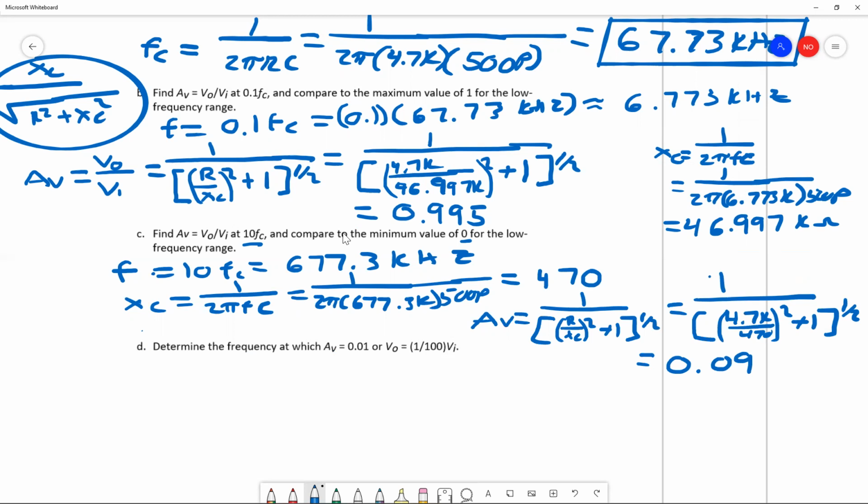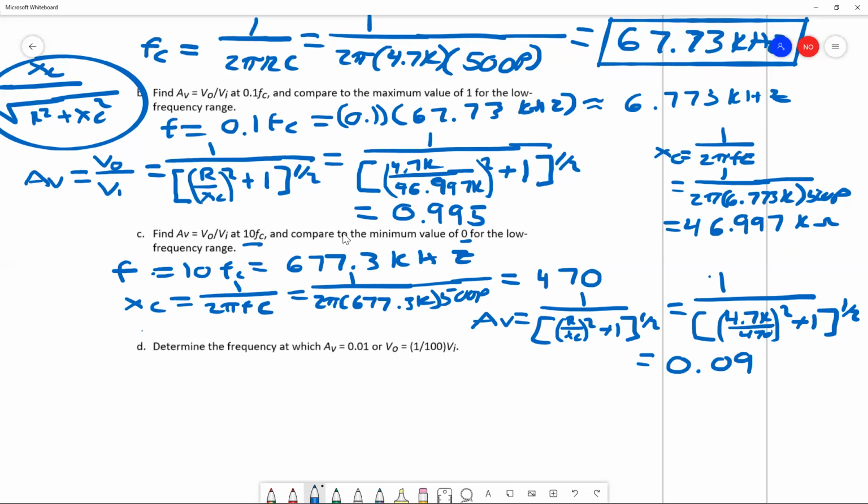So what does that tell you about your circuit? Obviously this is 10 times the cutoff frequency, so this is well past what the circuit is allowed to pass. And as you can see, the gain is very, very low. So when you try to push a value through at that frequency, you're going to get a very small signal, versus the other case.